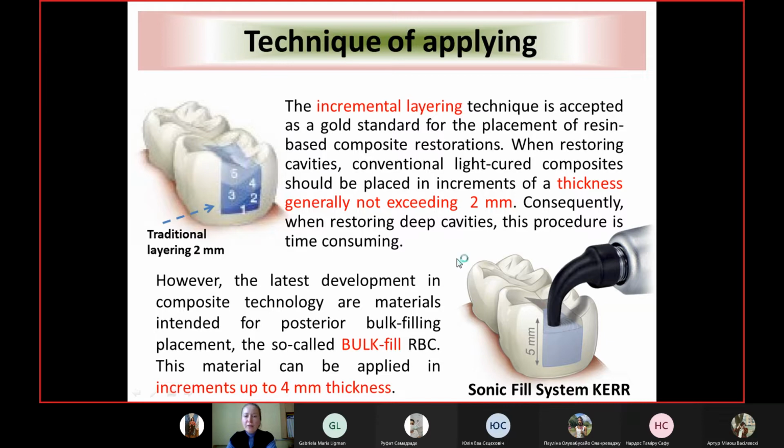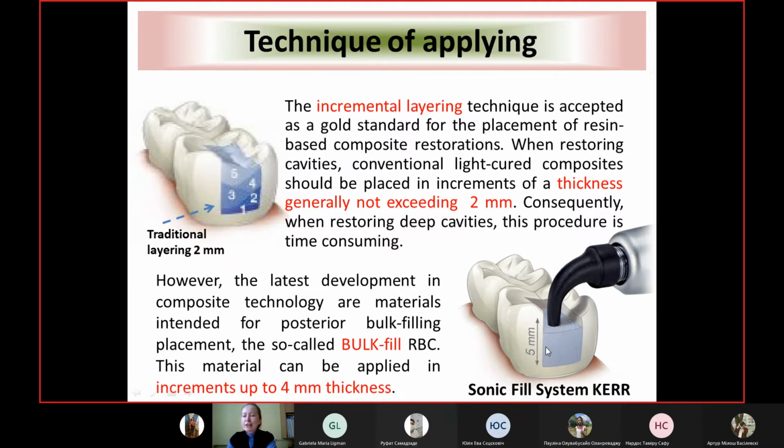However, the latest development in composite technology are materials intended for posterior bulk fill placement, bulk fill resin-based composites. This material can be applied in increments up to 4 millimeters thickness, and such company recommends this material, Sonic Fill system.